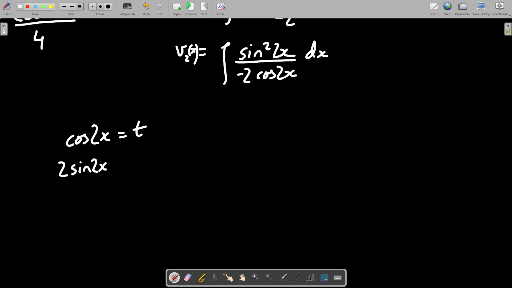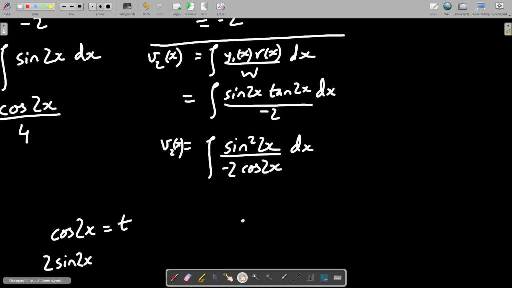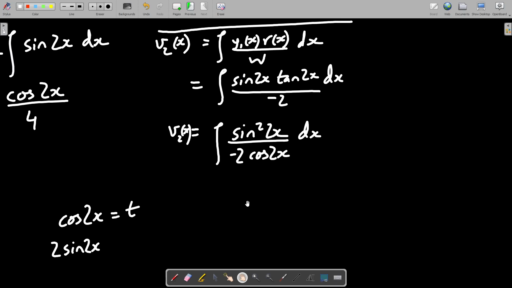That's all I get if I put this expression as t. If I put sin 2x equal to t, I'll get 2 cos 2x only over there, which will come in the denominator. So I think this integral may not be possible to simplify.